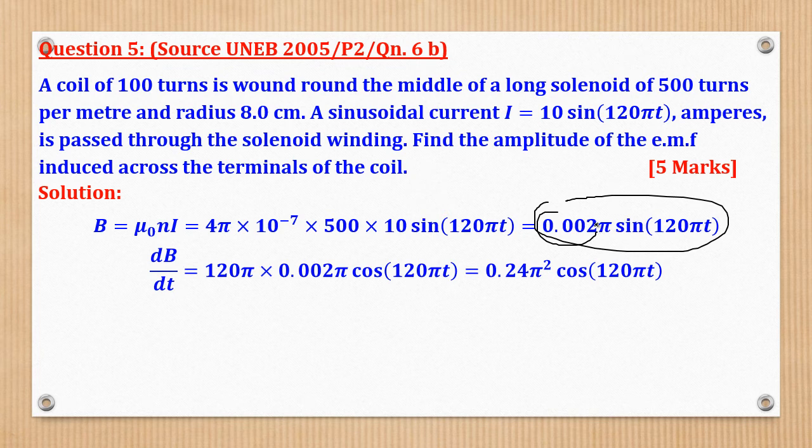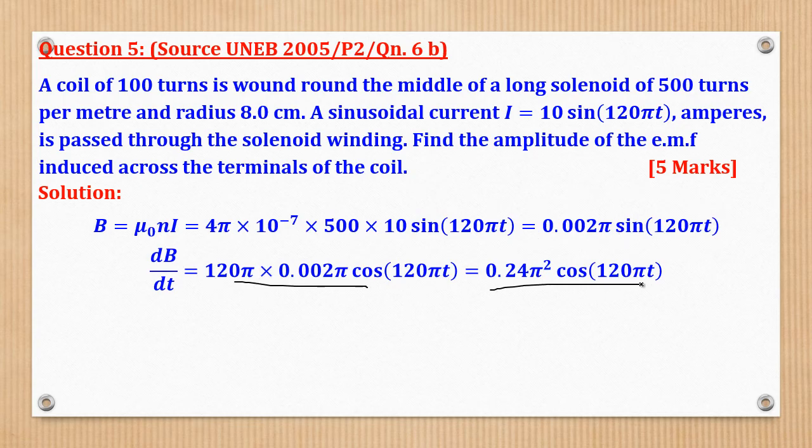Differentiate sine, you get, first of all, differentiate this angle, 120 pi t, you get 120 pi, which is this. Then this one now, differentiate sine, you get cos, and you maintain the angle. So when you simplify this, you come up with this as your dB dt.